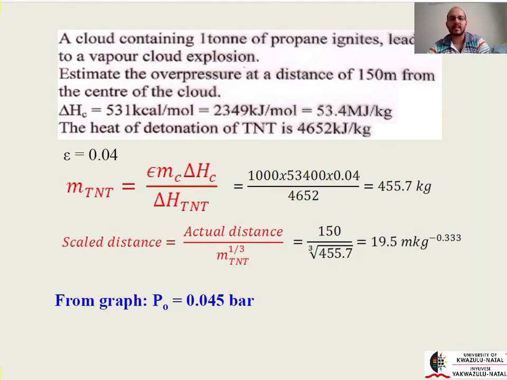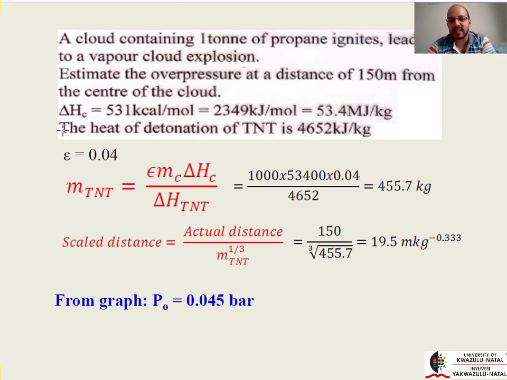Okay, so looking at an example, let's say we have a cloud containing 1 ton of propane. Okay, and it ignites, it leads to a vapor cloud explosion, and they want us to estimate the overpressure at a distance of 150 meters away from that explosion.